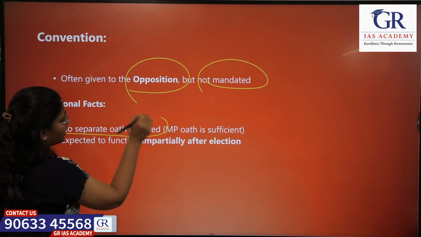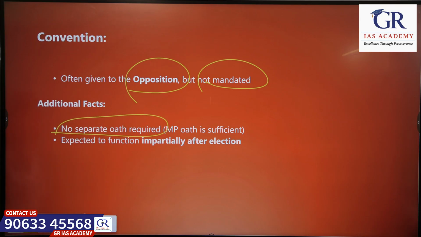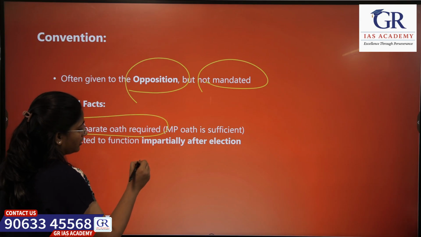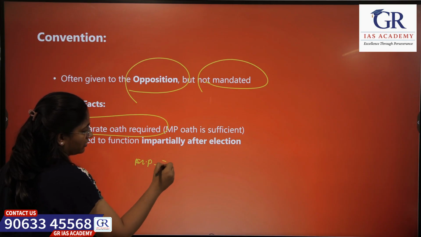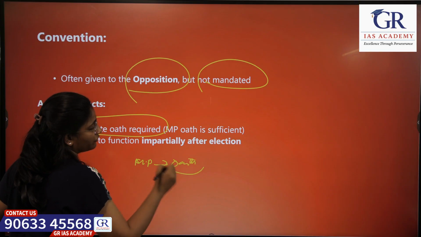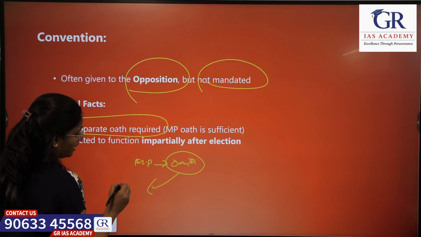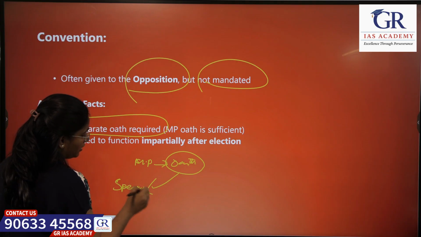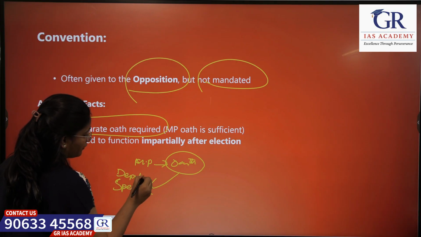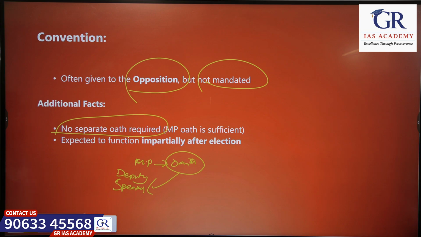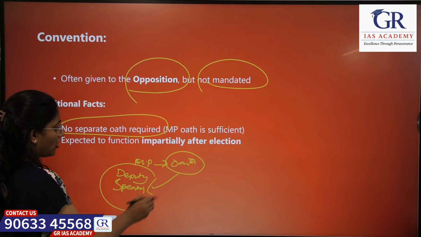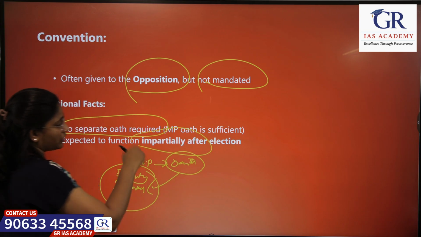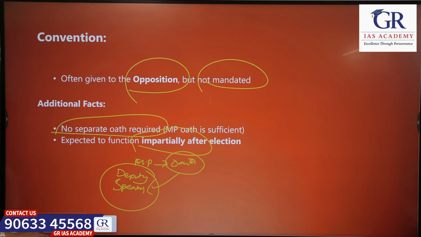There is no separate oath required, because an MP would already have taken the oath, so that oath will be sufficient. He doesn't need a separate oath for the deputy speaker position. After election he is expected to function without any partiality.